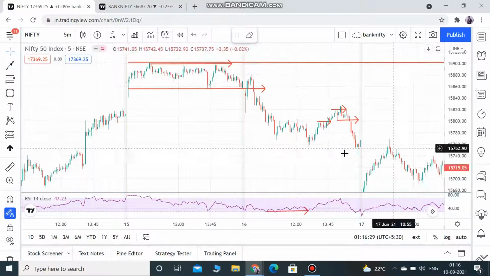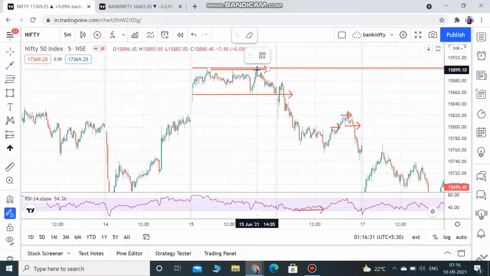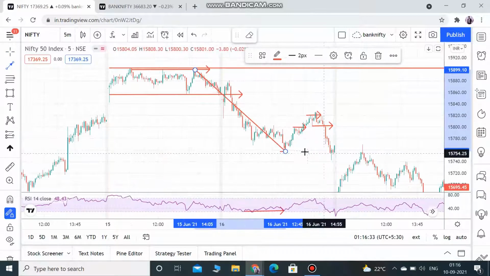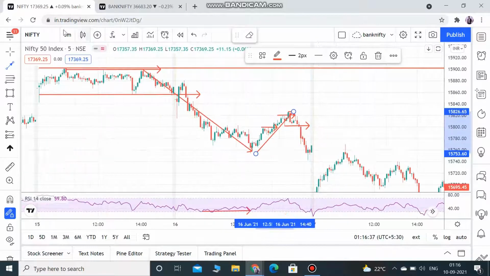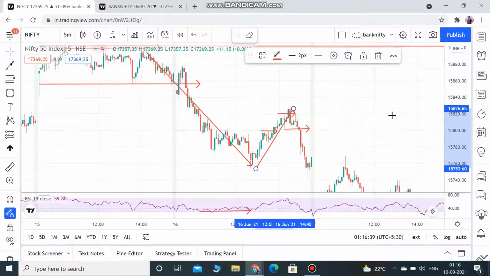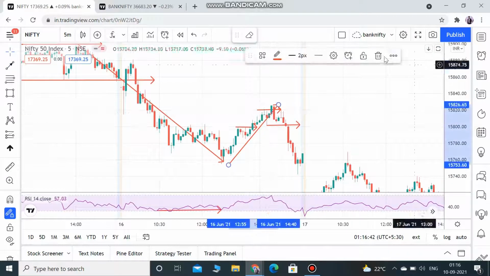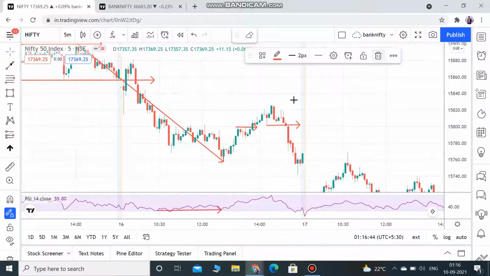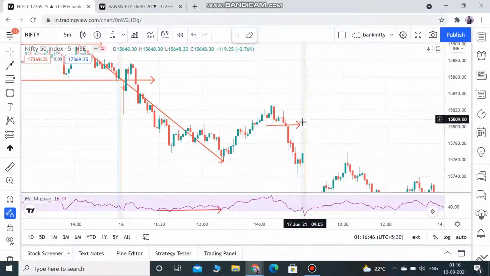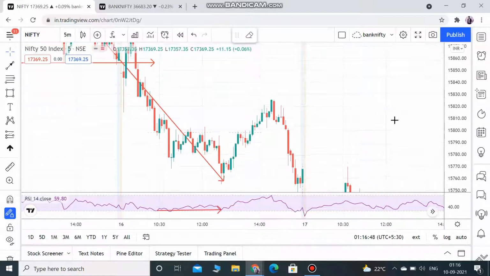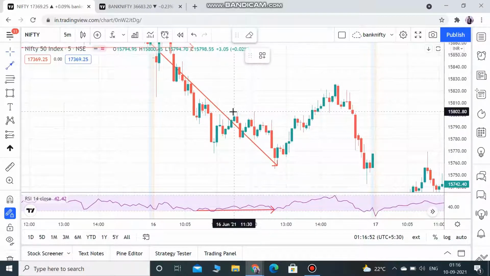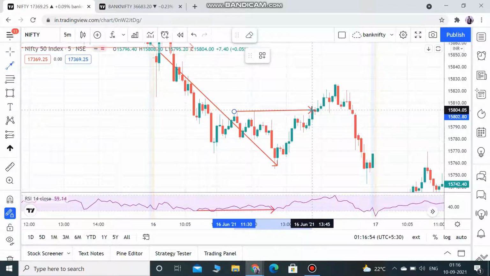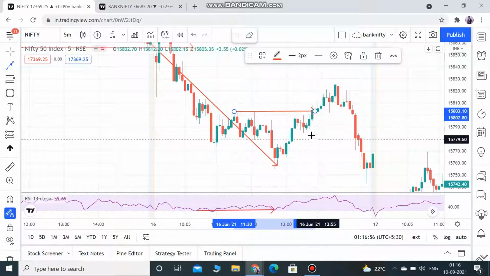Basically our intention is on the downside itself, but there is a small correction on this way, where in the correction also you will find the higher high and higher low concept. Just pay attention here that the market has crossed this, and it is crossing the high like this.